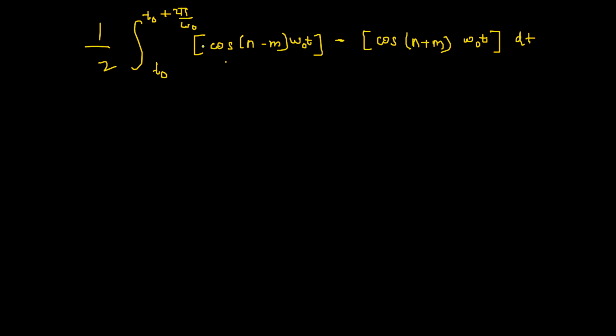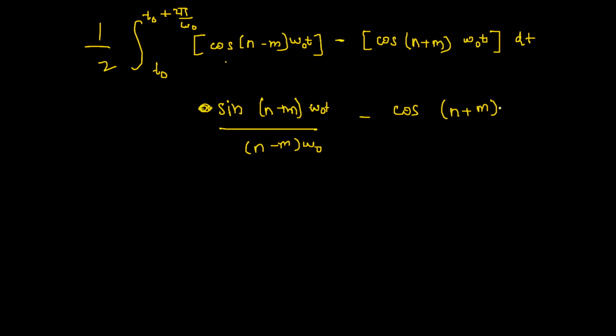So this is just normal integration now, because cos of n minus m omega naught t is integrated to give sine of n minus m omega naught t divided by n minus m into omega naught, and this gives minus sine of n plus m omega naught t divided by n plus m omega naught.